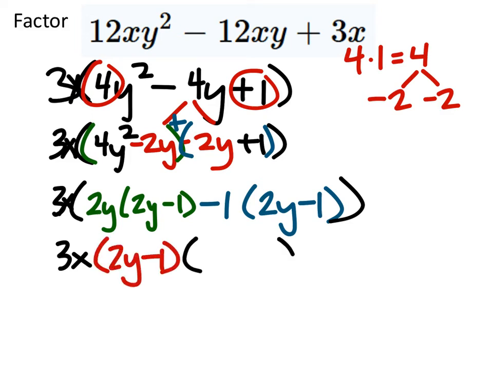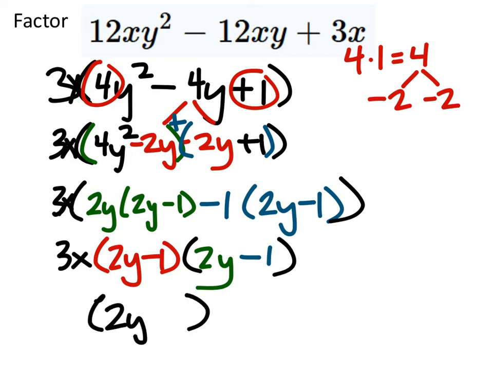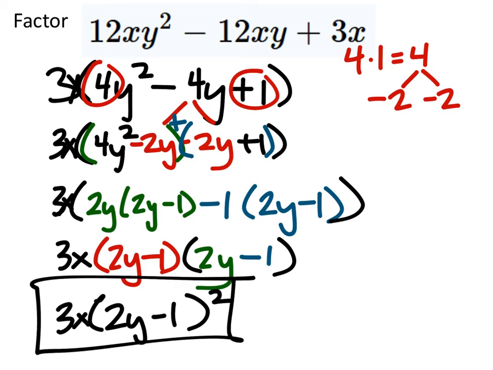And I'm just left with my 2y minus 1. This is the same exact answer we got, it's just not completely simplified, which is what the homework wants you to do. So how many 2y minus 1s do we have? 2 of them. So I got 3x times 2y minus 1 squared, done.